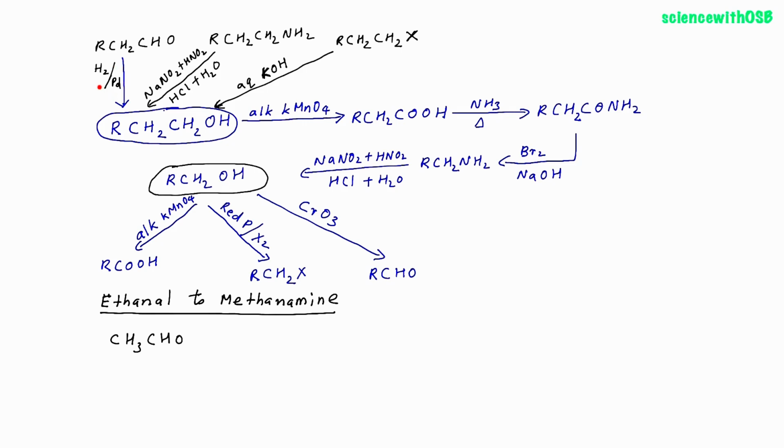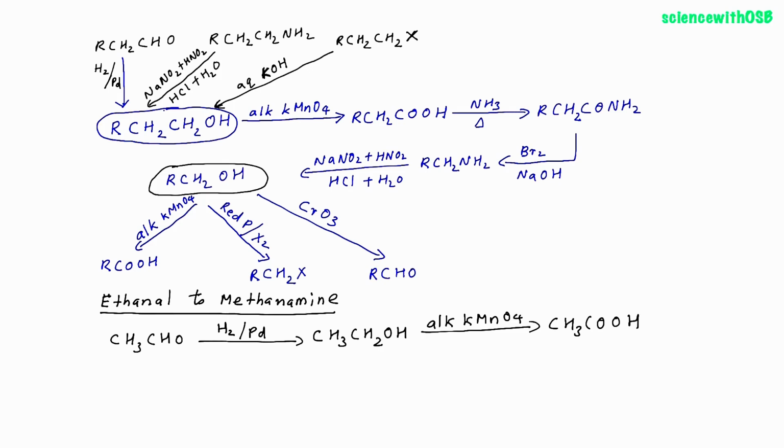Hope you understand. So what is ethanal? CH3CHO. Then what do you have to do? See, reduce it, okay? We have to reduce it by adding H2 in the presence of palladium. You will be getting what? CH3CH2OH. Then what is the next step? Oxidize it with strong oxidizing agent, alkaline KMnO4. What you will get? CH3COOH. What is the next step? See, adding ammonia, heating, losing water, you will get amide.